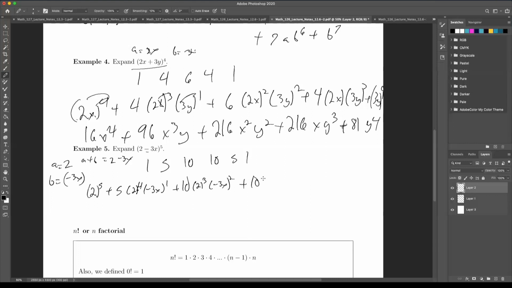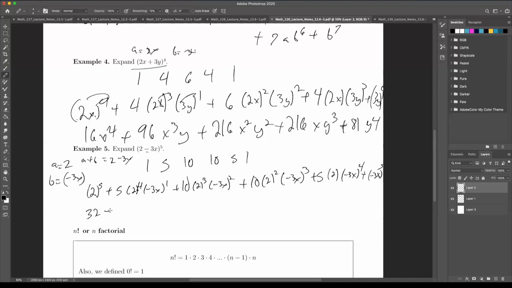Just grab the coefficient from here and drop it down, with this power going down by 1 and this one going up by 1. So it'll be 2 squared, minus 3x to the third. And then we'll have 5 times 2 times minus 3x to the fourth, and then plus the 1, minus 3x to the fifth. We just crunch through the numbers.